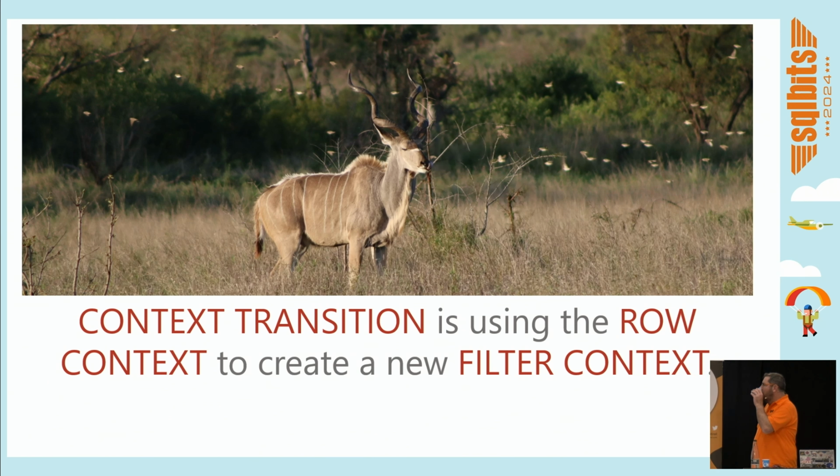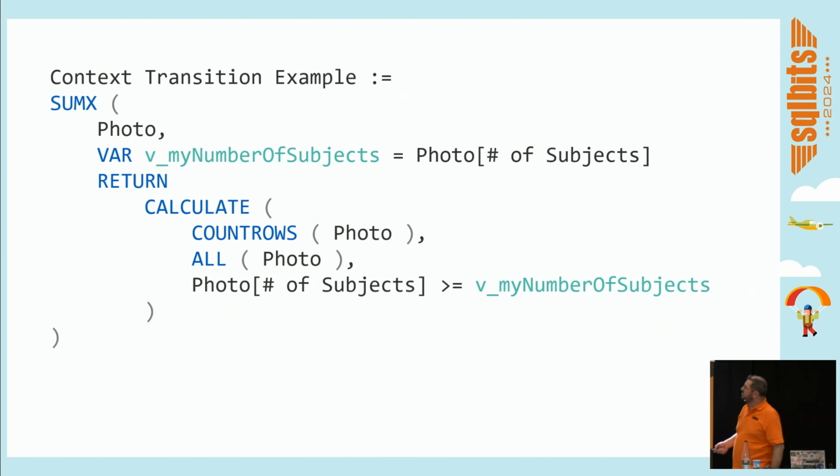So a context transition is using the current row context to create a new filter context. That's quite difficult to talk about, so let's look at an example. Now, this is a bit of a contrived example because there's not really a lot in my data set that lends itself to a context transition.